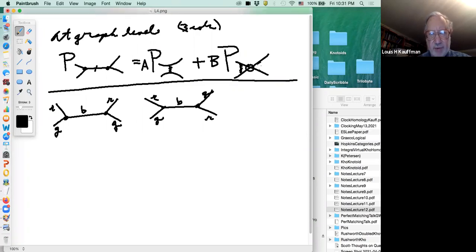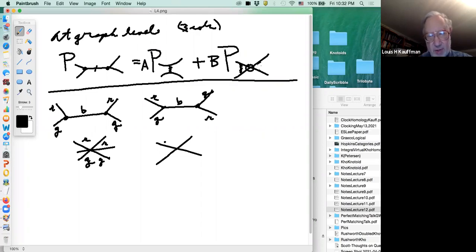And you see that if you were to fold this up like this, red, red, green, green, and think of that as corresponding to a state like this, then it would be a smoothing like that. And if you were to do it in the other case, you would have it flipped on the other side. So that isn't going to work.